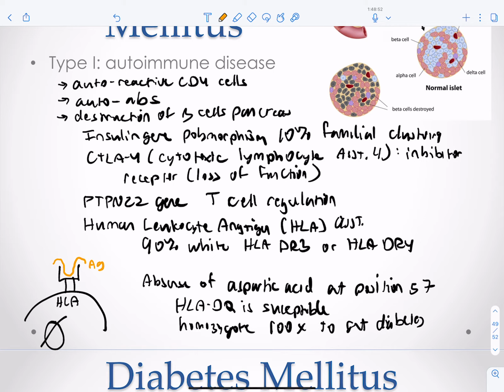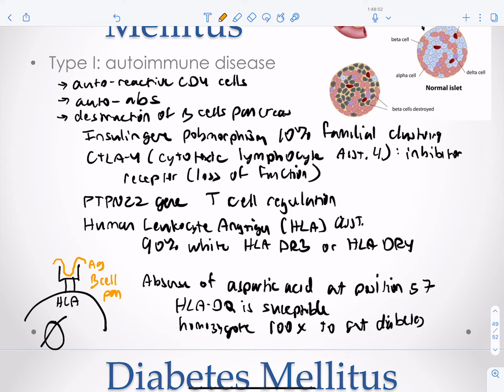And the antigens can be a flu antigen, it can be a cold antigen, it can be a SARS antigen. But also these HLAs present normal proteins that are in your body. So in this case, this would be a particular antigen from the beta cell of the pancreas.